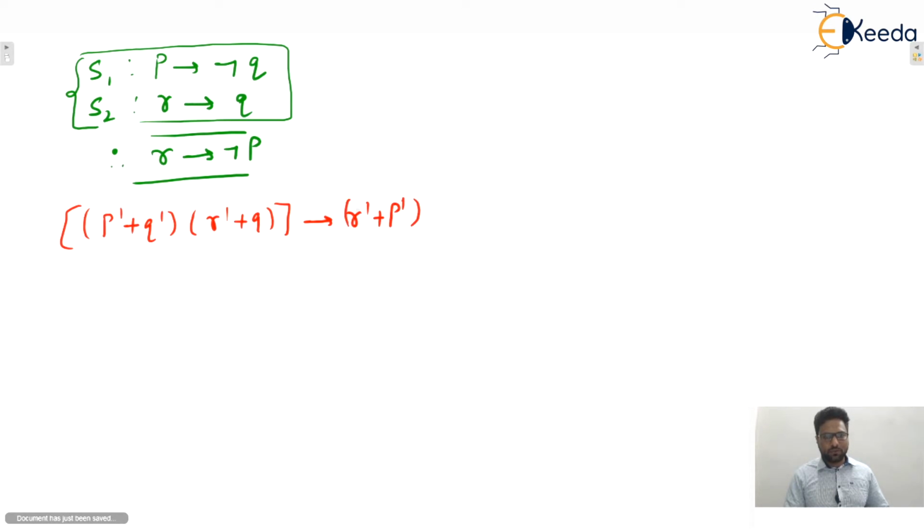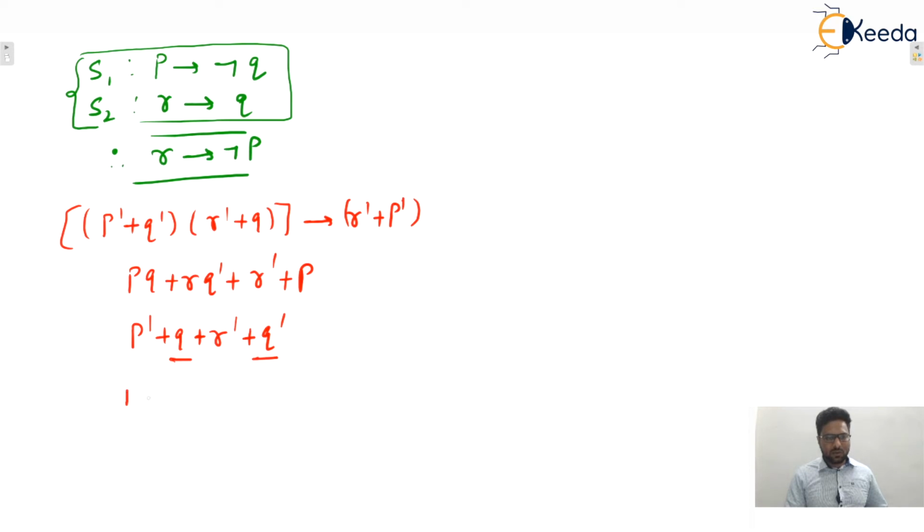After simplification it becomes PQ plus RQ dash plus R dash plus P dash plus Q plus R dash plus Q dash. Now Q dash plus Q becomes 1, and 1 plus anything in logic is 1, that is true. So it is a tautology, and this is a valid argument.